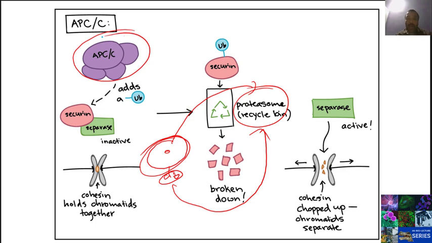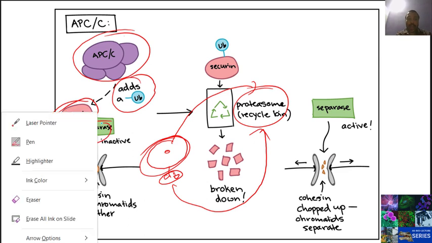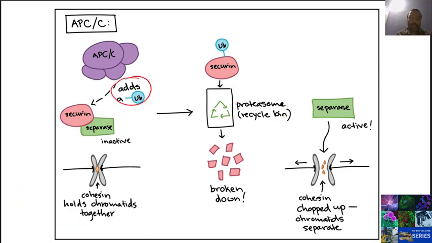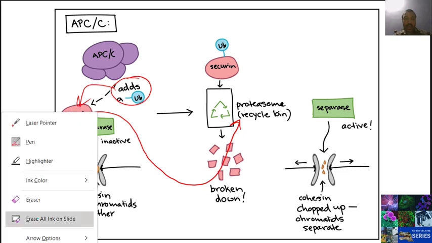So what is APC doing here? APC first adds a ubiquitin signal to a protein called securin, not to the separase. It adds the ubiquitin signal, the destroying signal, to the protein securin. And what will happen to the securin? Securin will be sent into the proteasome, that is the recycle bin of the cell. What is the function of securin in the normal case?